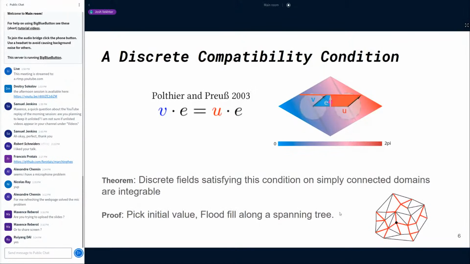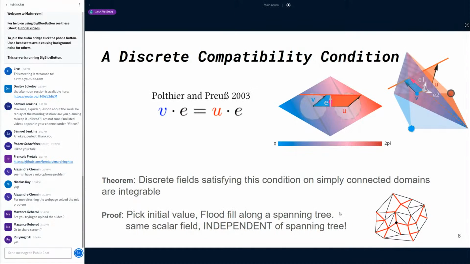So if this is true on every pair of neighboring faces, then your field is actually integrable. If your domain is not simply connected, then you have to deal with the extra degrees of freedom around the homology generators. This definition also generalizes to higher dimensions. On a tet mesh, now you have two integrability constraints per vector field per face, right? You want the projection onto the common face to agree in order for the field to be integrable.